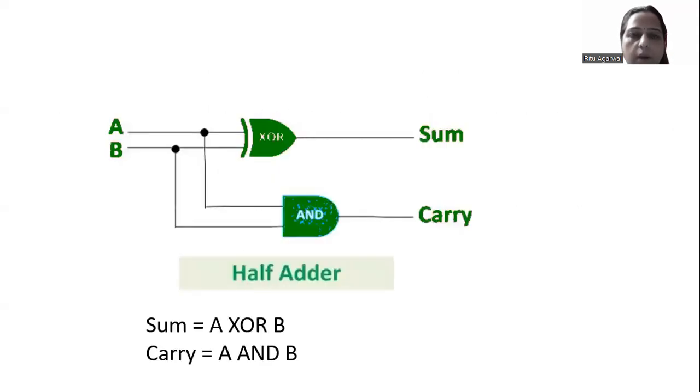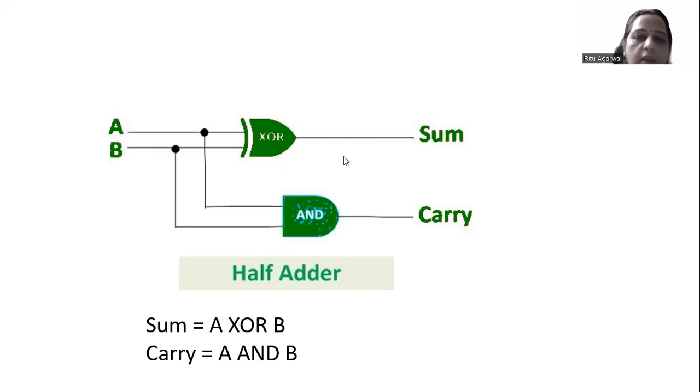Here is the block diagram for the half adder. We can see that we have two inputs A and B which are given to the XOR gate, and the sum is the XOR of A and B, and the carry is generated by the AND gate, in which the inputs are again A and B. So the output sum equals A XOR B, and the carry equals A AND B. From here, we can get the sum of the two inputs as well as the carry with the help of this half adder.